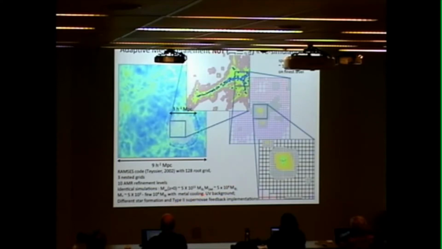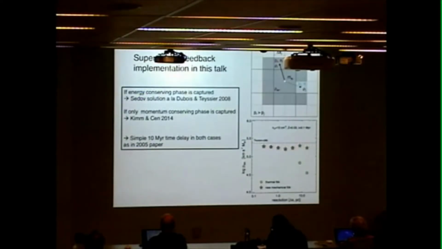to the 4 solar masses, a halo of 5×10 to the 11 solar masses, at redshift 0. And what we did is that we included different star formation recipes, and also 2 different type 2 supernova feedback implementations. I don't have the time to go into the details of this. I would just say briefly that the first one used the Dubois and Teyssier 2008 formalism, where we just inject the supernova energy after a 10 megayear time delay in our simulations.